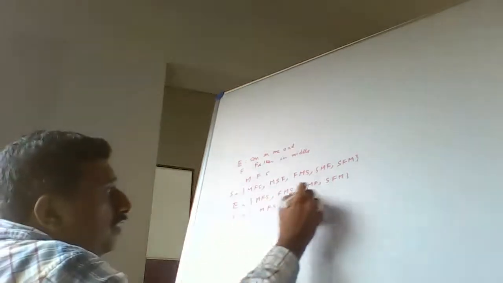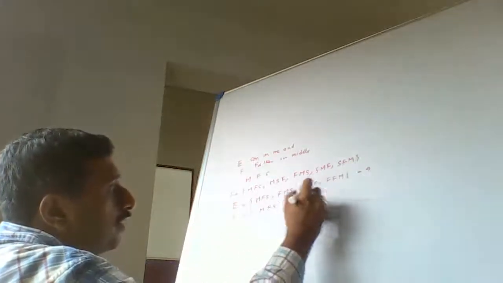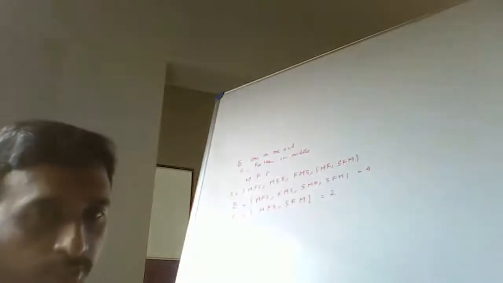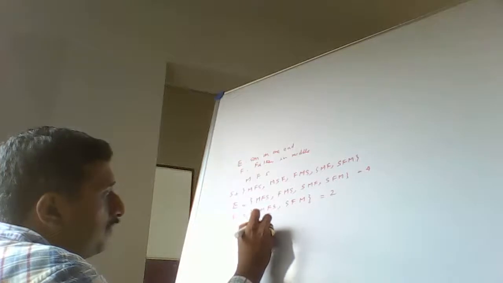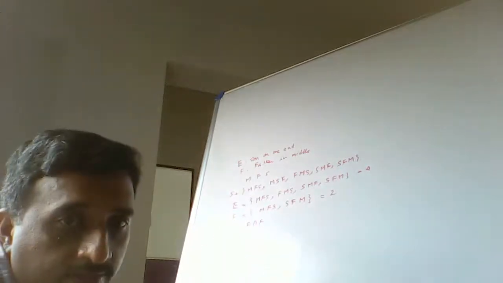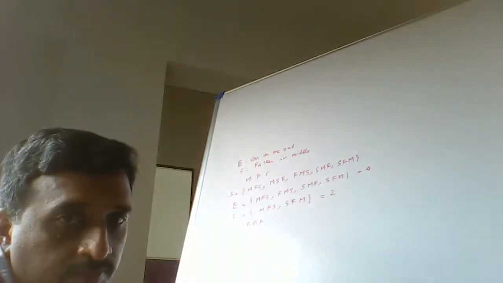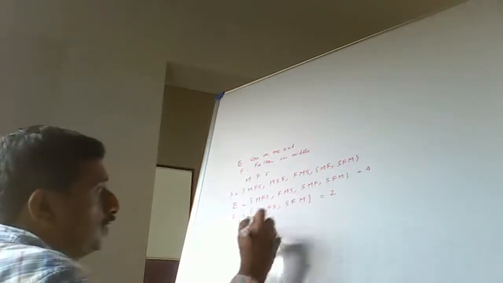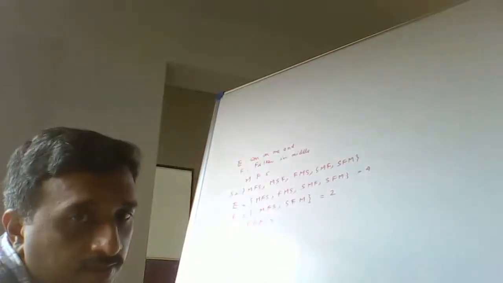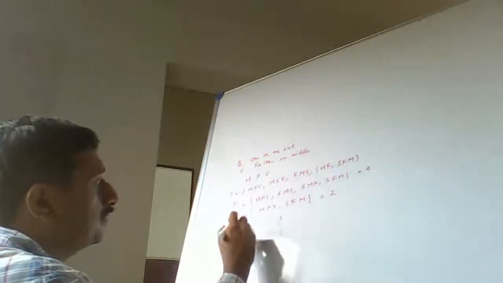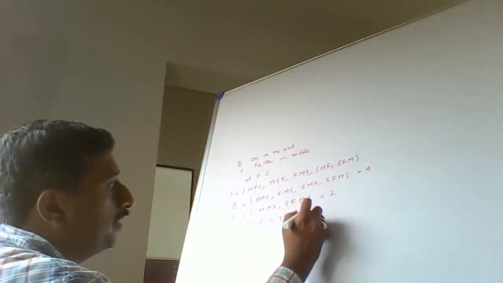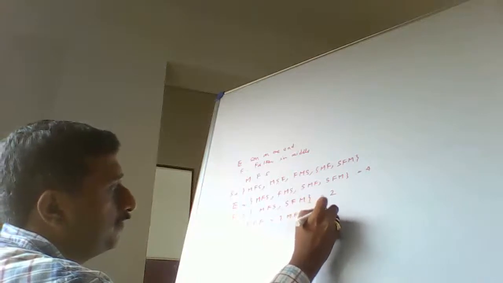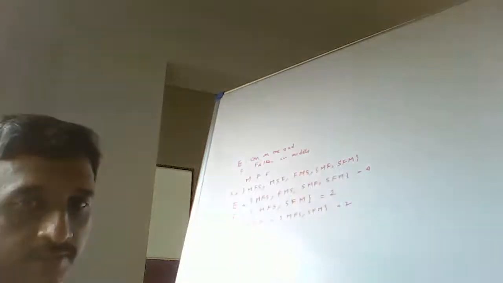Here the number is 4, here the number is 2, correct? Yes. So E intersection F, what is it? It is common: M, F, S and S, F, M. Here you have two elements.